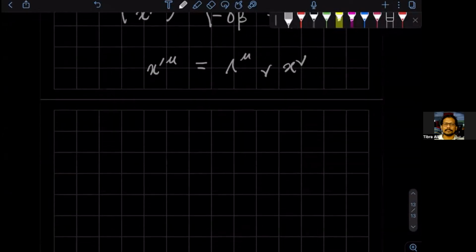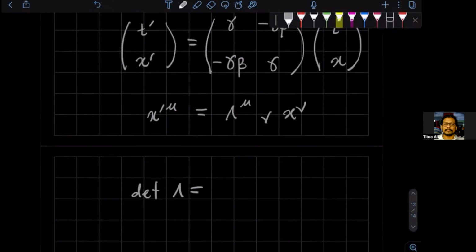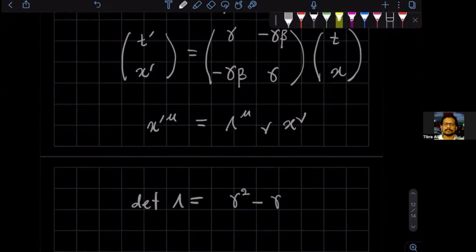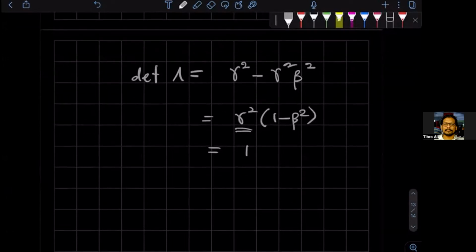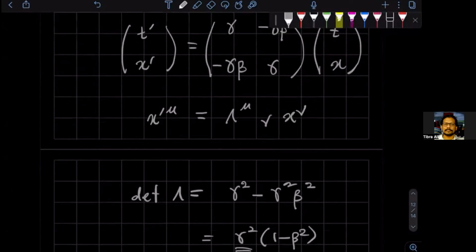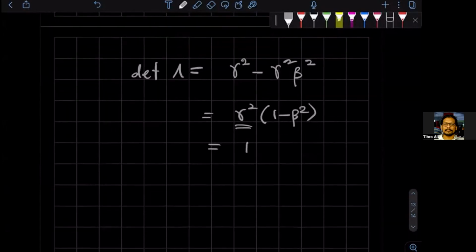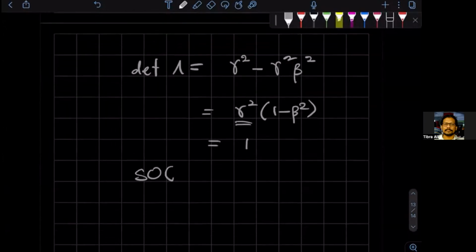Now the determinant of lambda, as you can see, is gamma squared minus gamma squared beta squared, right? So which means gamma squared times 1 minus beta squared. But this is nothing but 1 over gamma squared. So this is 1. So indeed these Lorentz transformations as we understand them do belong to SO1,1.